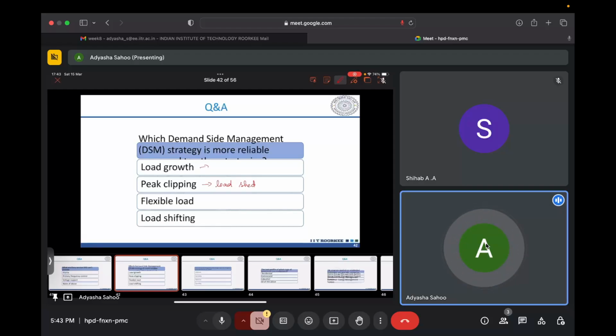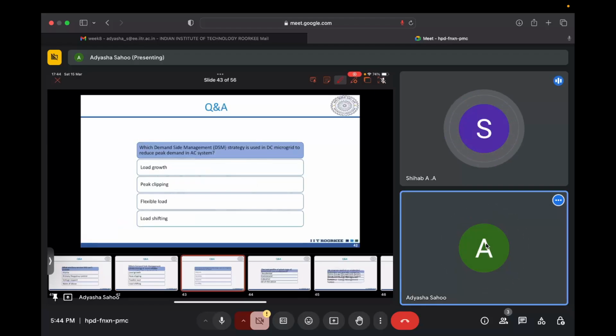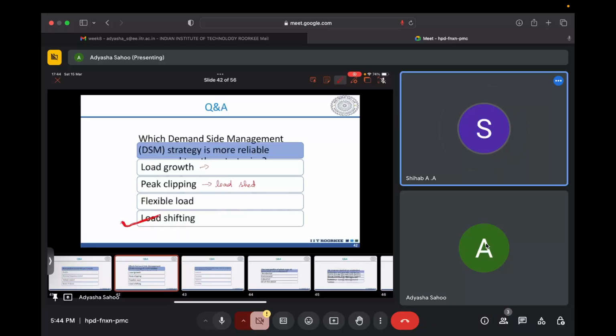And load growth, what happens? We cannot also increase the load beyond a certain point. So what is flexible is basically load shifting. So what you can do is change the time of your load consumption. Instead of morning, you may consume the same load in the evening or vice versa. Okay, that means load shifting is a good one. Yes, load shifting is more reliable.